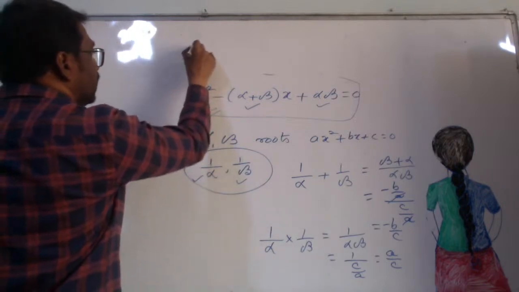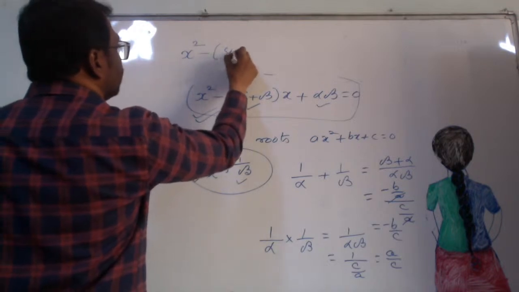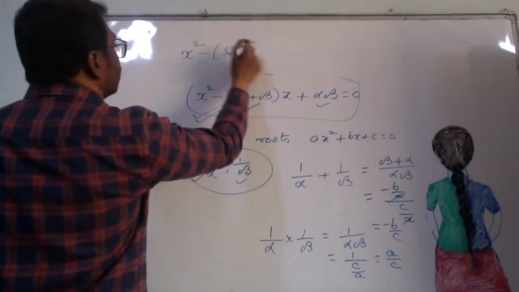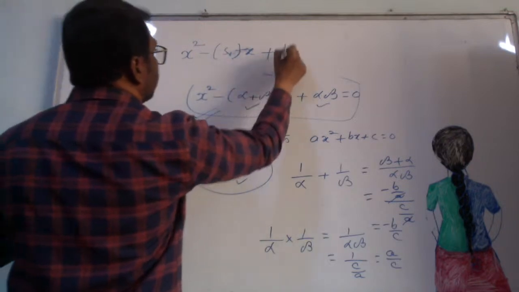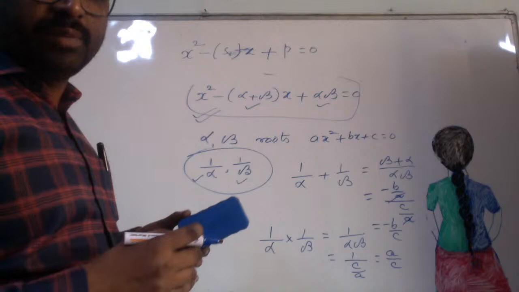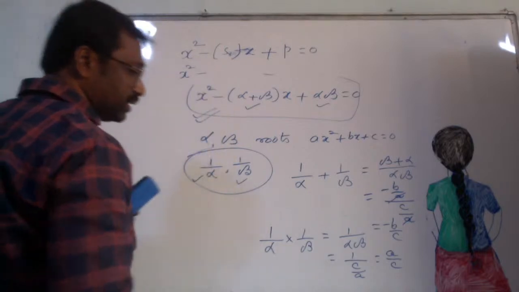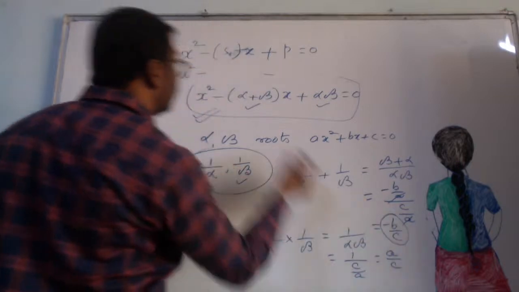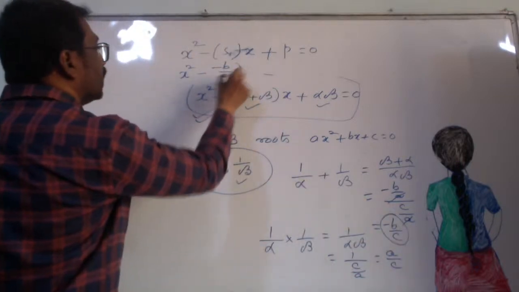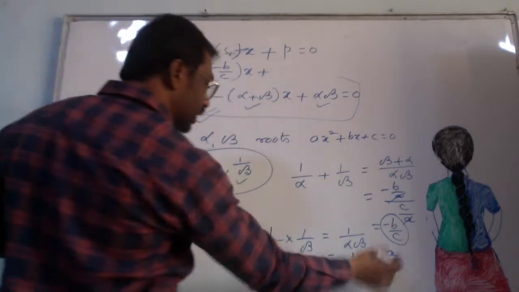The condition is, when the roots are given, x square minus sum of the roots into x plus product of the roots equal to 0. S means sum, P means product. So x square minus the sum of the roots, which is minus b by c, into x plus product of the roots, which is a by c.